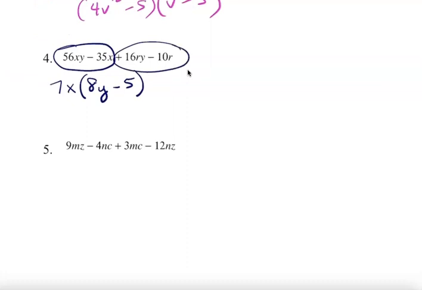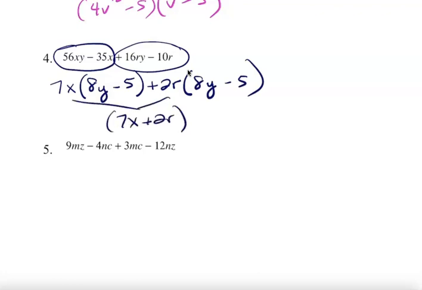They have a 2r, so that leaves me an 8y minus 5. First 2 go together. Second 2 go together. Done. So grouping's not so bad. Once you get the hang of grouping, it's okay.